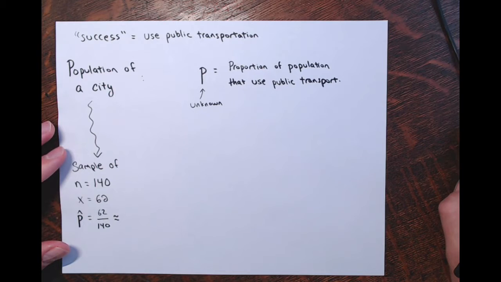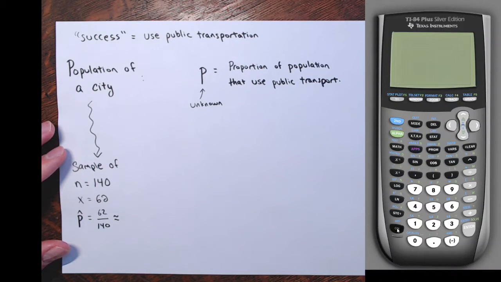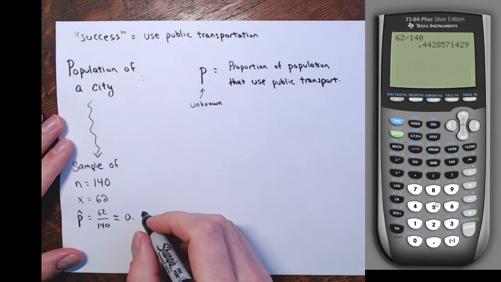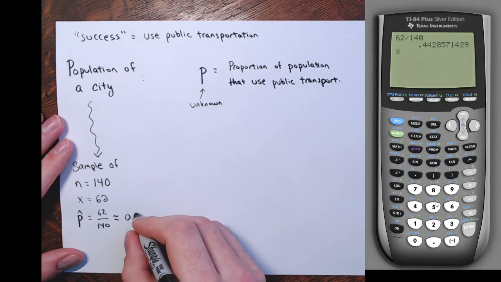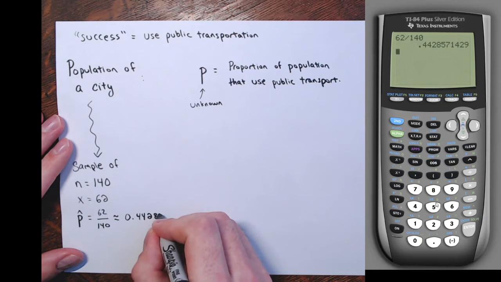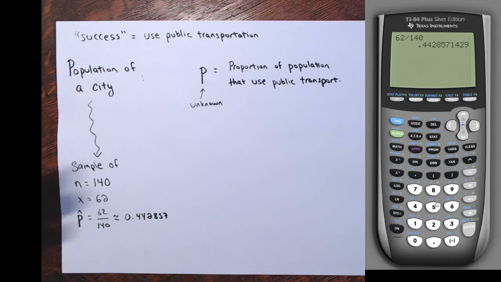But let me pull the calculator up: 62 out of the 140 is about 44%, approximately 0.442857. I'm not going to type all that in later, but a little more than 44% of the sample used public transportation.